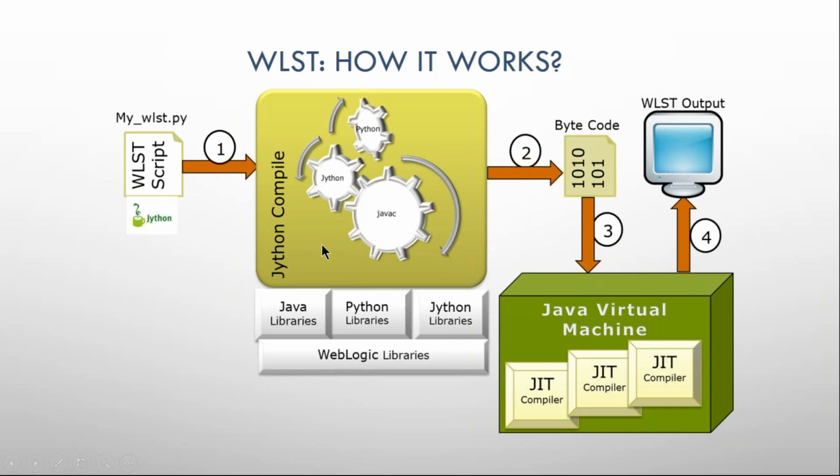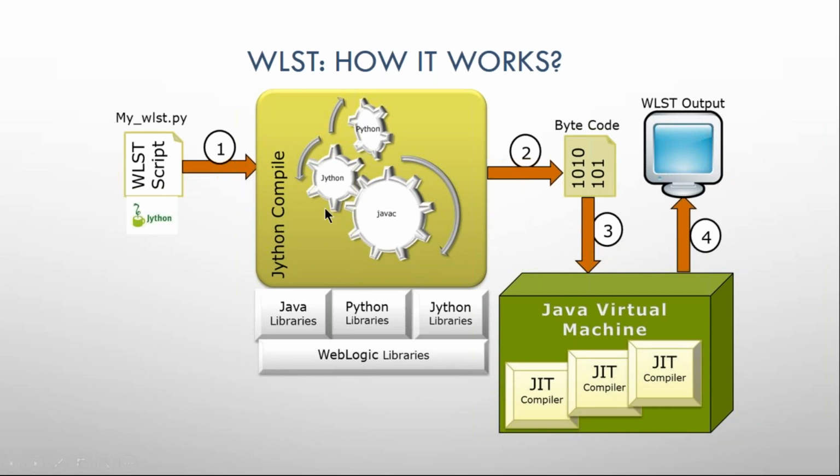Then your WLST engine, the Python compiler, compiles and creates an intermediate code, which is called bytecode. Just like in Java, whenever you write a Java program, it is converted into bytecode. Then it is going to use the JVM, and using the JIT compiler, it is going to execute the program. Then it goes to the screen or a file, so it goes to the display. The WLST output is going to come over there.